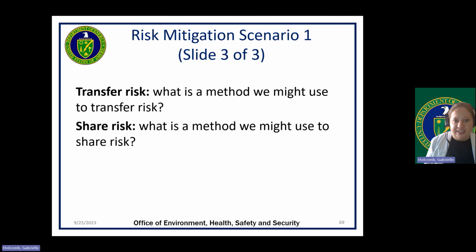Some risk sharing techniques could include having a common set of standards or processes for your counterfeit, fraudulent, and suspect item prevention, detection, reporting, disposition, etc. This is especially useful if multiple agencies or organizations will be performing work on the same project.